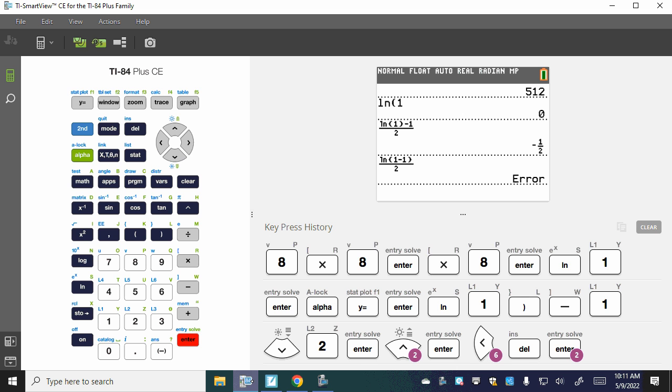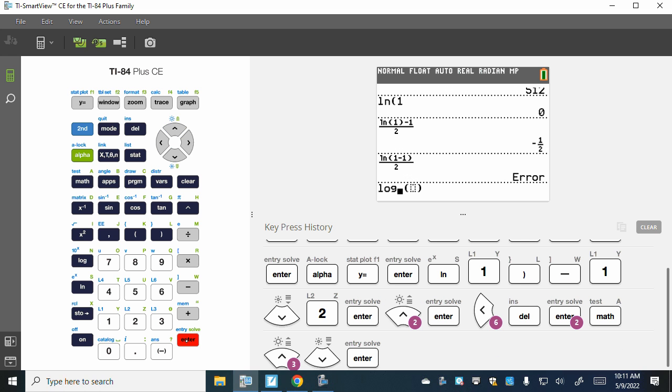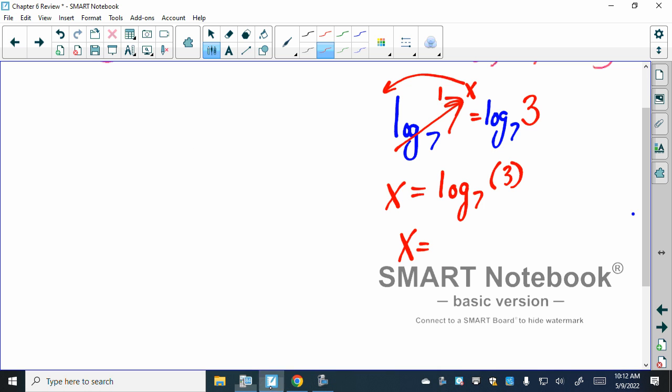So we can go math, log base 7 of 3, and hit enter, and we get 0.56547. So we can say 0.565, 0.56547, 0.5655. Any of these work.